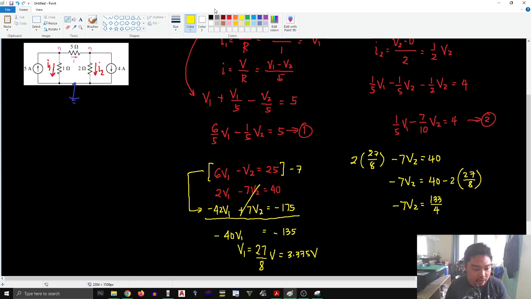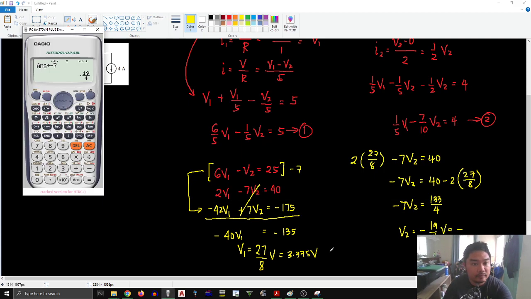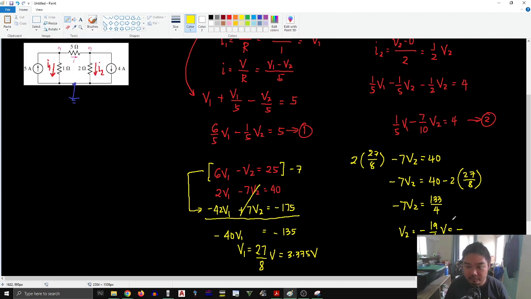What happened to my drawing tablet? Okay. So b sub 2 is negative 19 over 4 volts, or simply negative 4.75 volts.